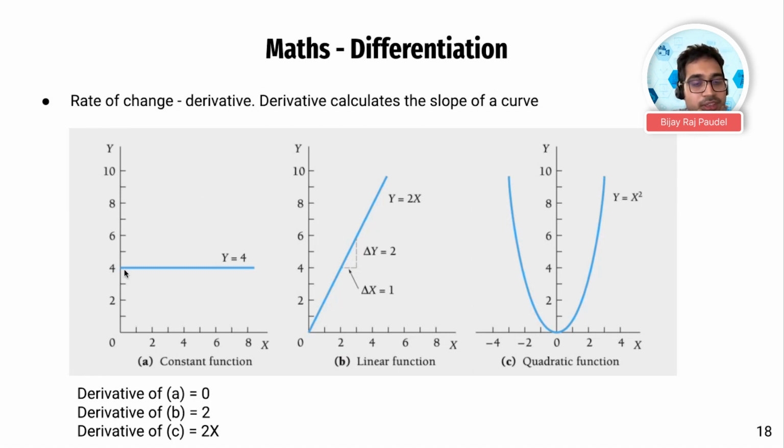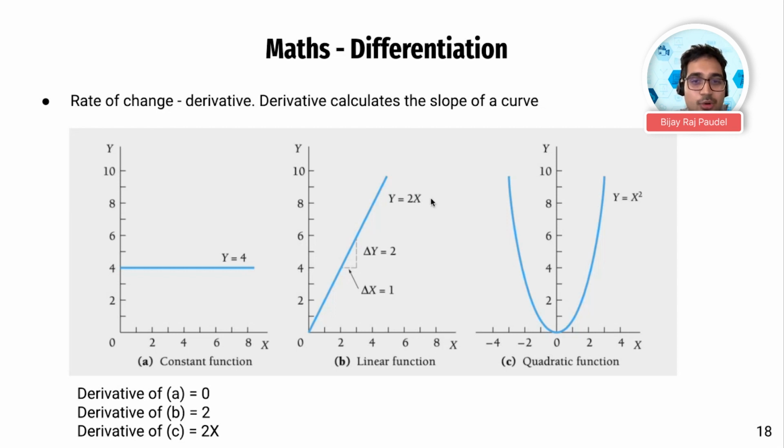Some more about derivatives. If something is parallel to the x-axis, you don't have a slope, you don't have a slant, so the derivative is 0. For a constant function, y is equal to 4, y is always 4, there is no slant, so you have a derivative of 0, a slope of 0. Now for something linear, the equation is 2x, and if it passes through 4, it will be 2x plus 4, like mx plus c.